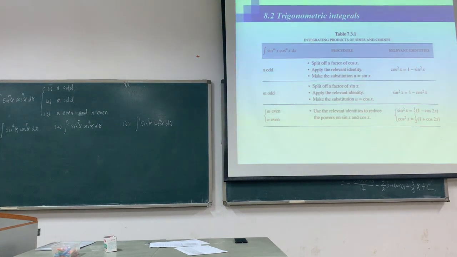Now for the first one, the power of sin is even and the power of cosine, 5, is odd. For this odd power, we split off one cosine.